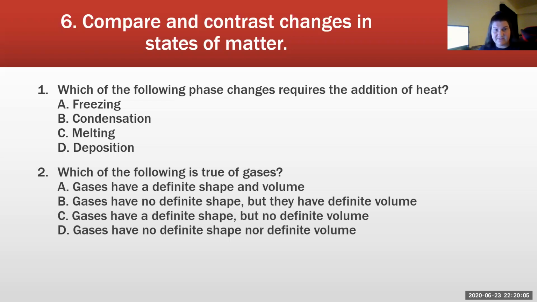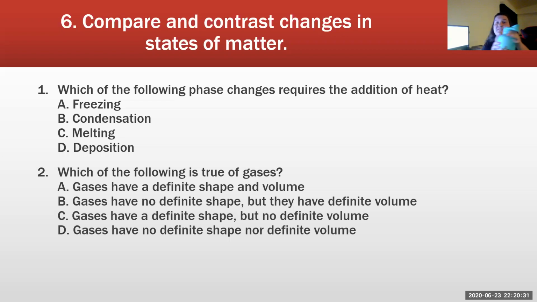Liquids have no definite shape, but they have definite volume. If you think about my water bottle, let's say this is completely full of water. It has a definite volume. There's a certain amount of water in here, but I can pour it on my floor. I'm not going to, because that would be miserable, but that water can go wherever it wants to go.